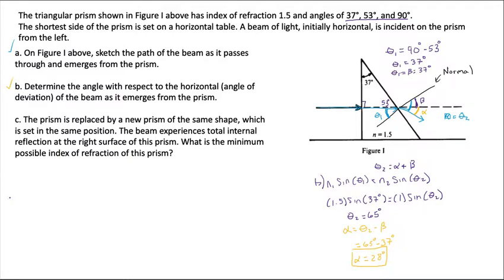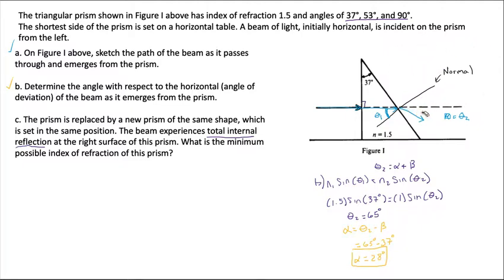Now part C: the prism is replaced by a new prism with the same shape and the same position, and the beam experiences total internal reflection. So that's where it goes in, and instead of coming out, it reflects down. So we can demonstrate that. We can erase some of this extraneous stuff.